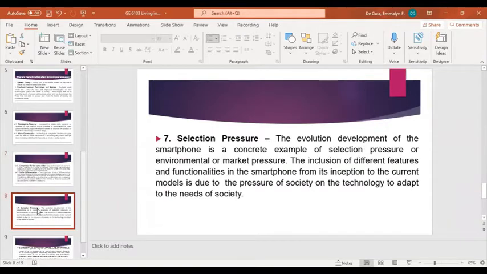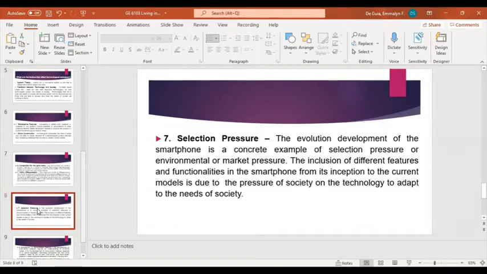Next, we have selection pressure. The evolution and development of the smartphone, for instance, is a concrete example of selection pressure, or environmental or market pressure. The inclusion of different features and functionalities of the smartphone, from its inception to the current model, is due to the pressure of society on the technology to adapt to the needs of society.